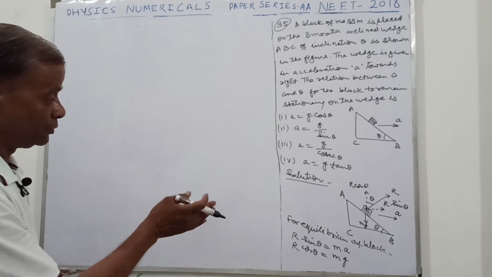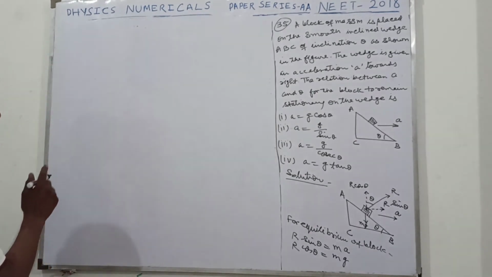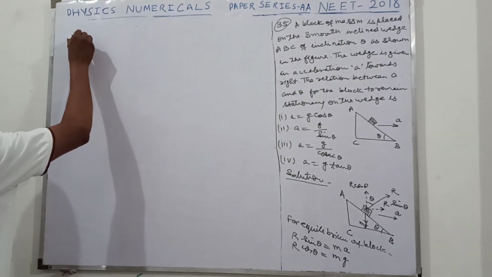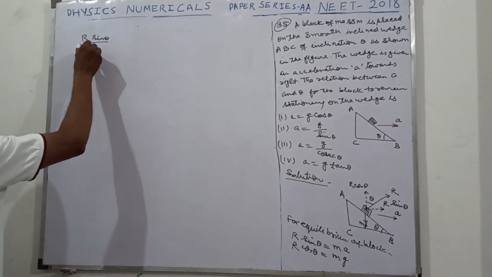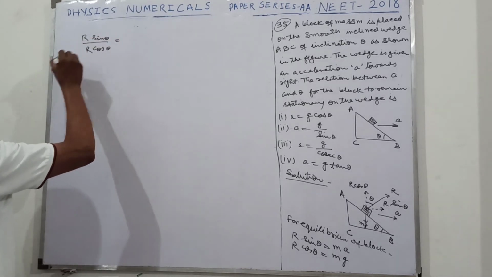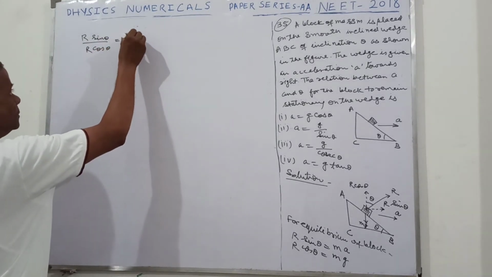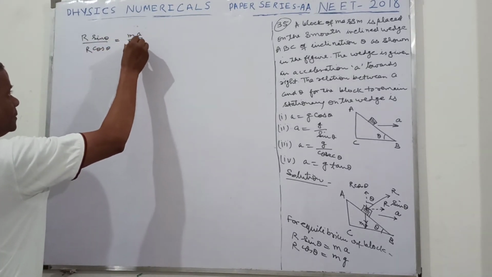Now just divide: R sin theta upon R cos theta equals ma upon mg.